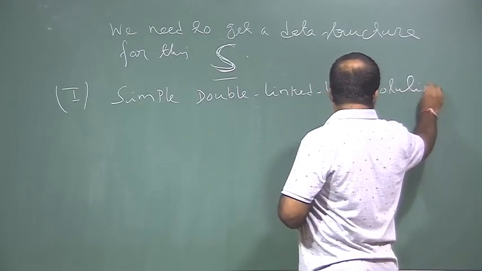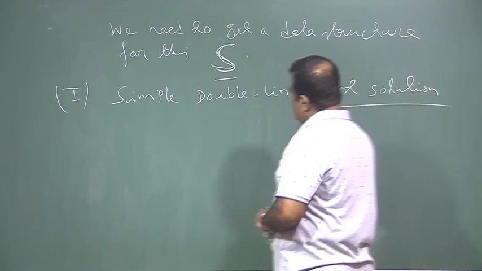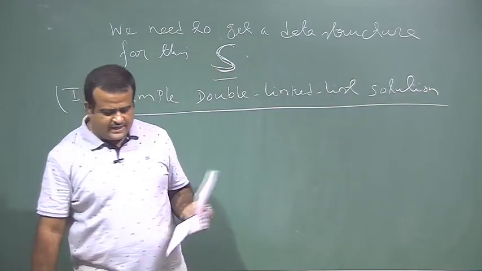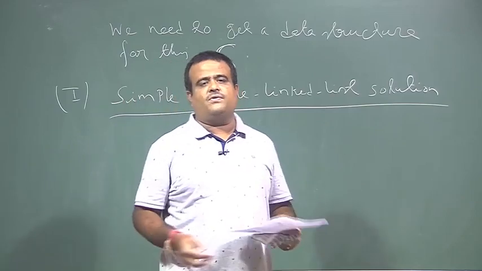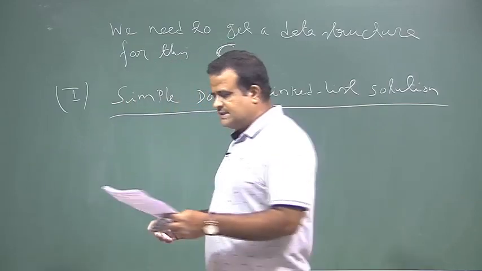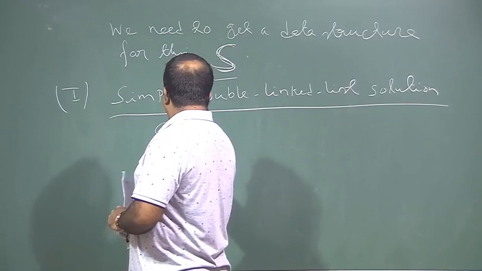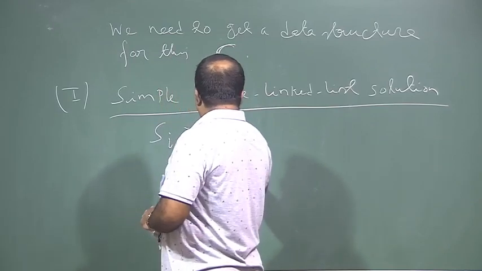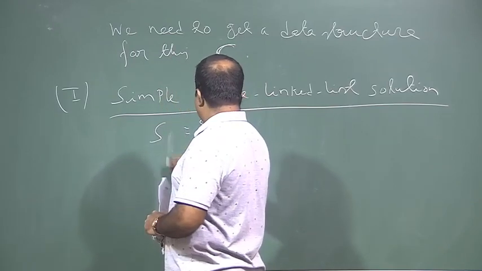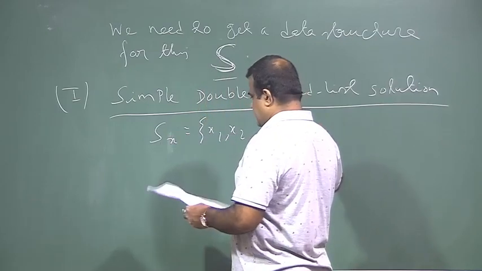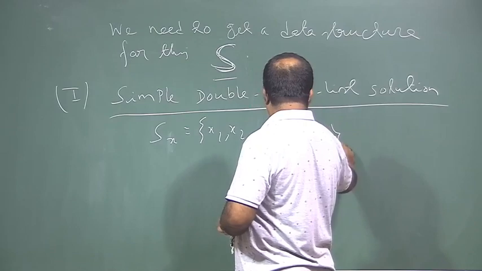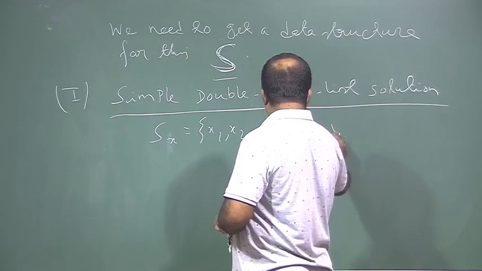We want to store every set in a linked list. So given a set, suppose this is S x: x1, x2, up to xk, there are k elements in the set.